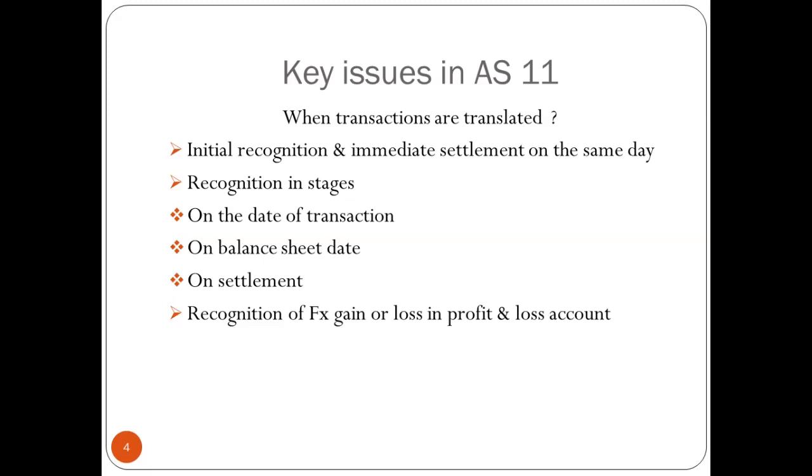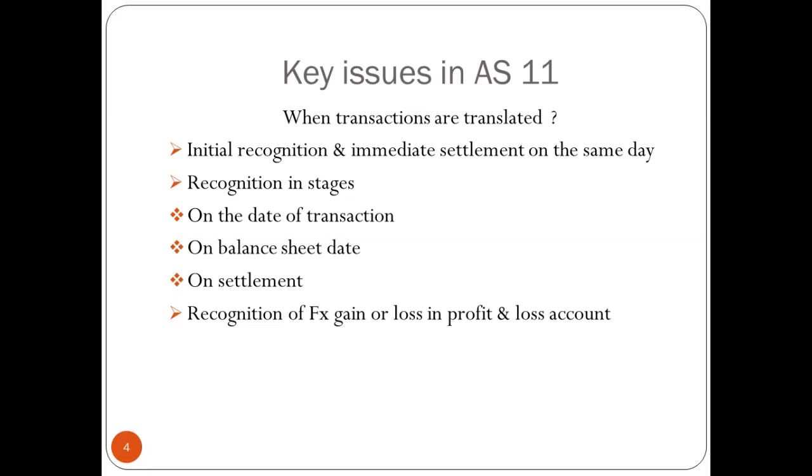So you may have a situation where the transaction is recognized and settled on the same day, and the translation happens on the same day, or it is recognized in different stages, and accordingly the translation happens based on different milestones, based on different stages which are considered for the transaction.